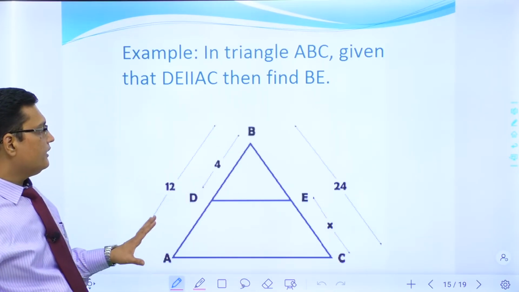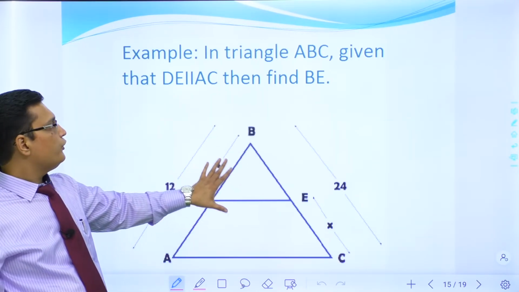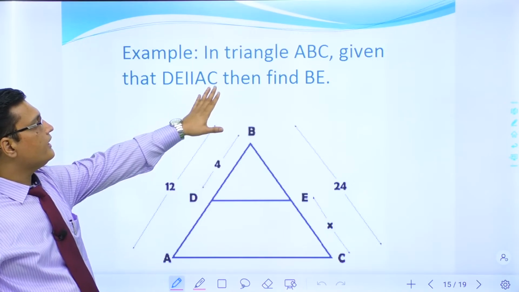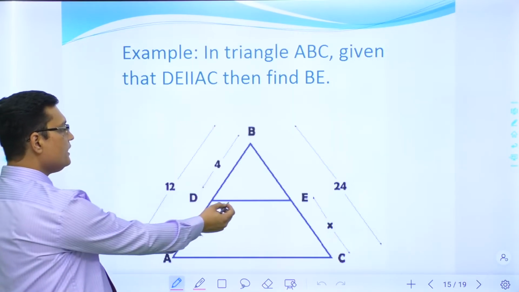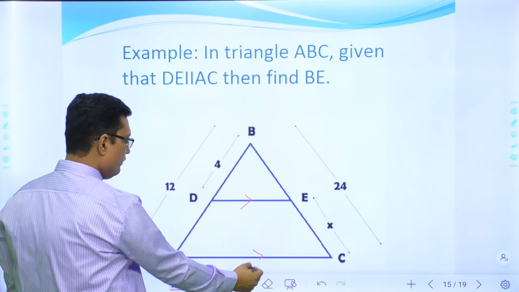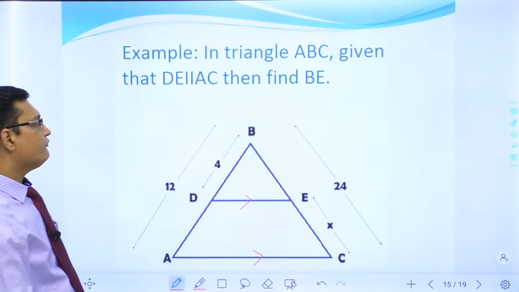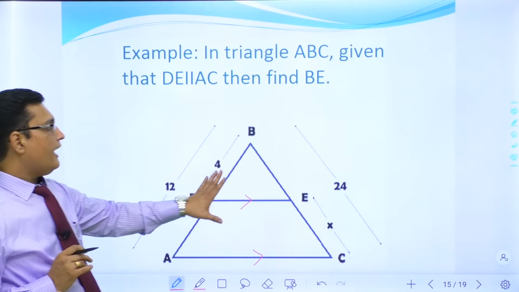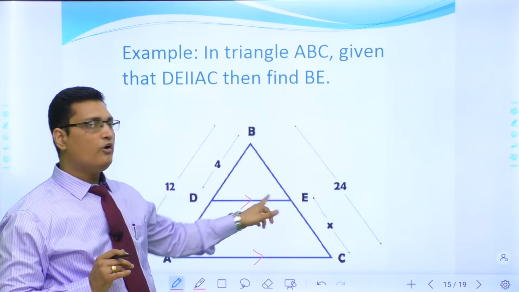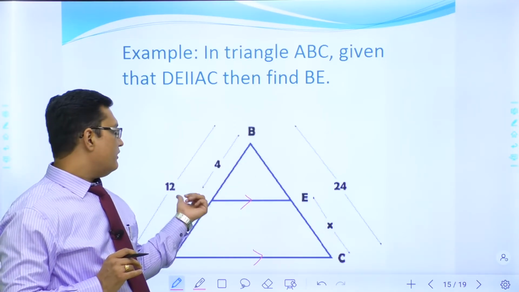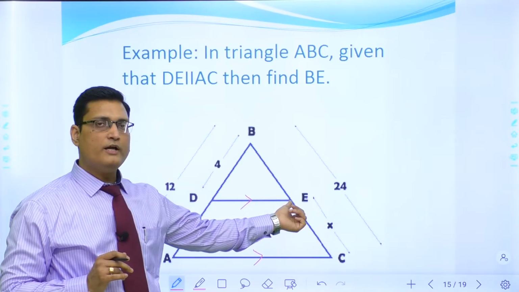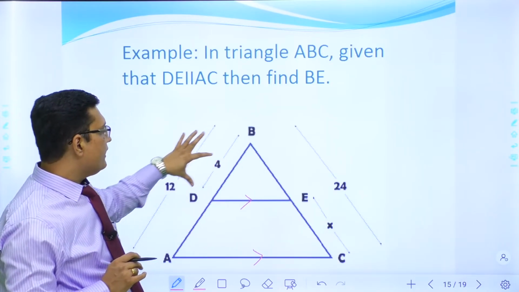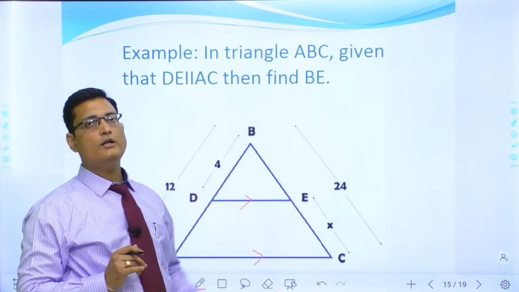Here, students, understand, a triangle is given to you. Example: in triangle ABC it is given that DE is parallel to AC. You have to find BE. I told you that if a line is drawn parallel to one side, intersecting the other two sides, it divides them in the same ratio.